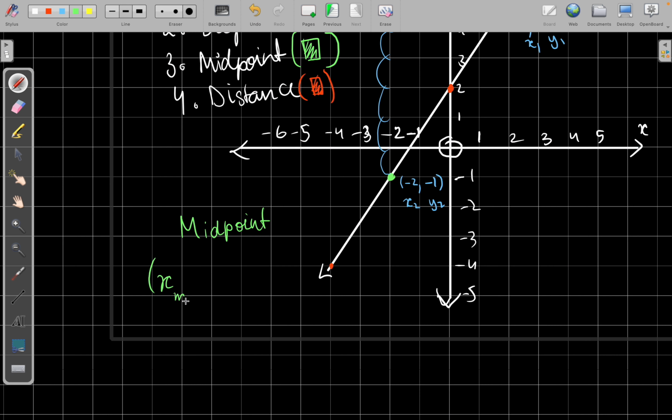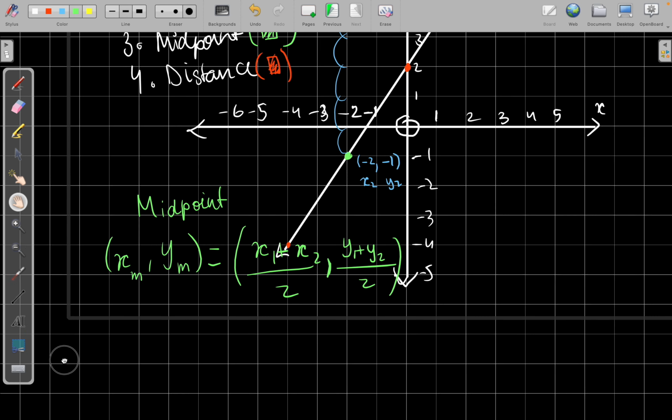X midpoint comma y m is, so I told you I would figure it out by the end of the video. So it's going to be x1 plus x2 by 2 comma y1 plus y2 by 2.